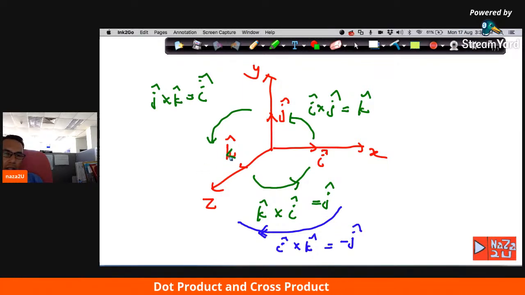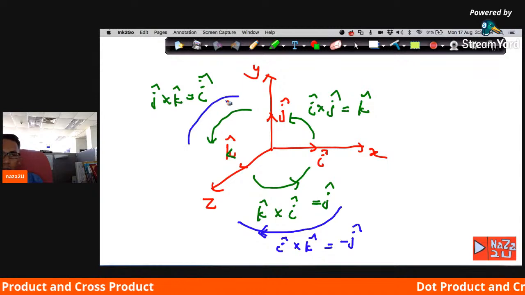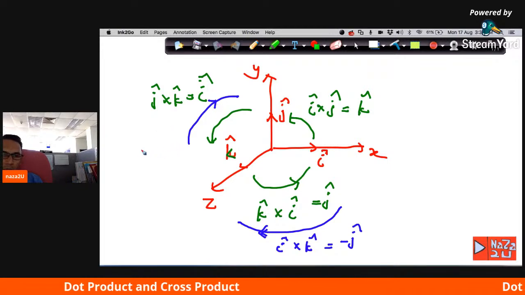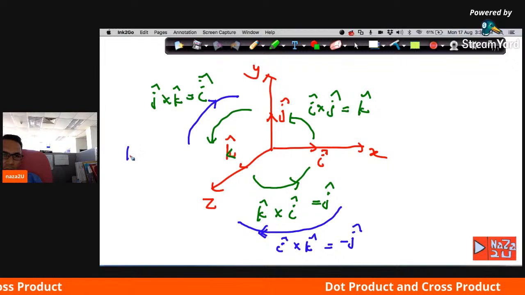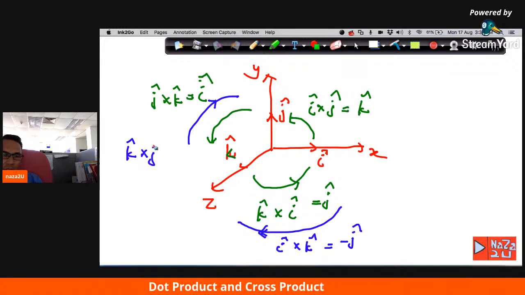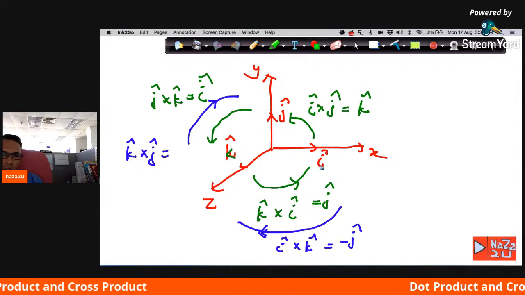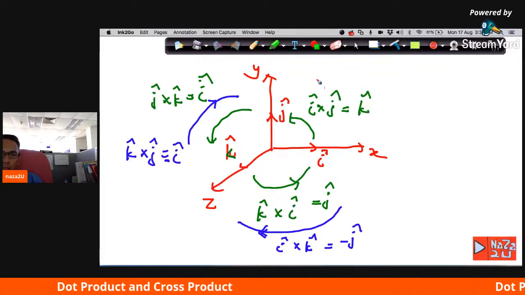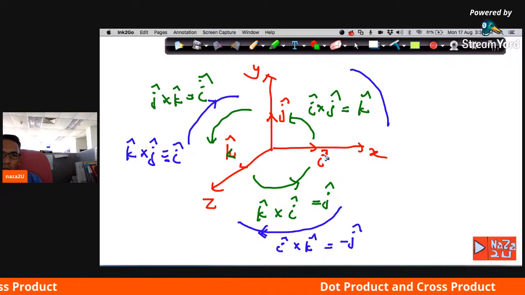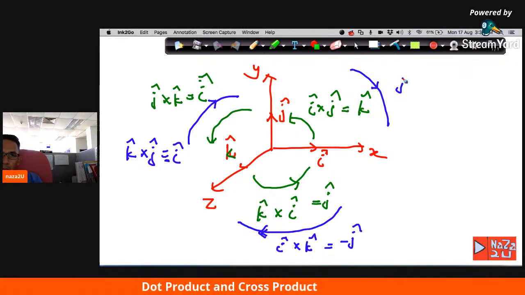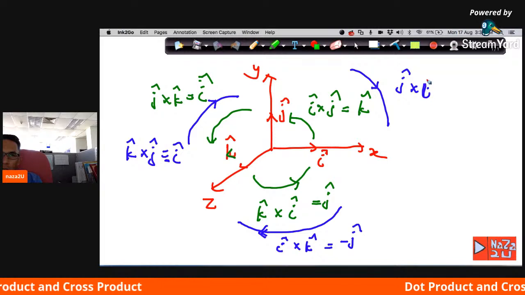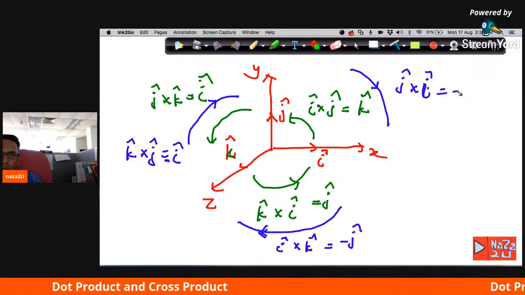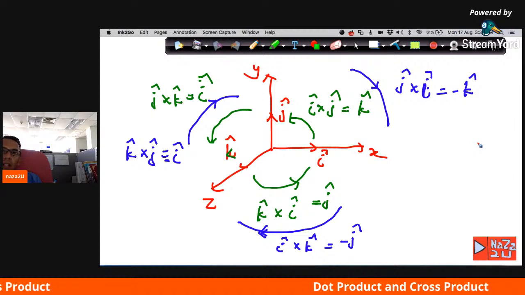Now K cross J is in the opposite direction. The green color is counterclockwise, and this is clockwise. So now the blue color here is K cross J. K cross J is equal to negative I. Here we have J cross vector I. J cross I is equal to negative K, right?